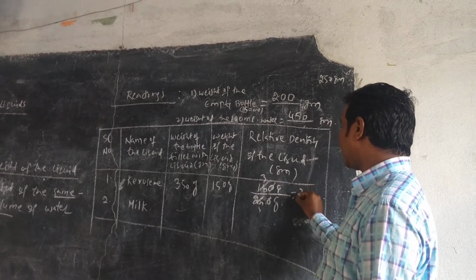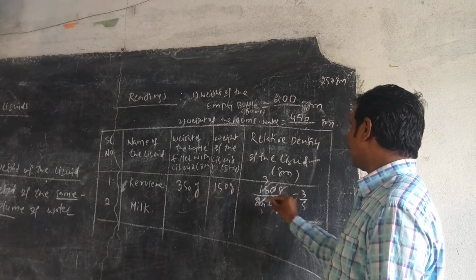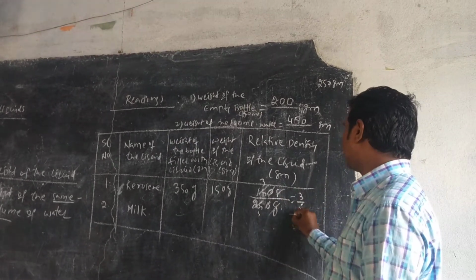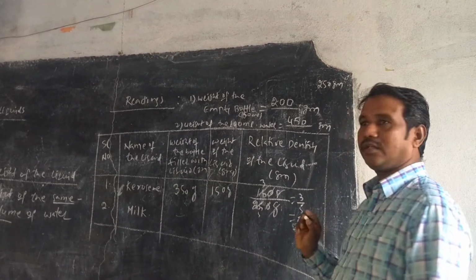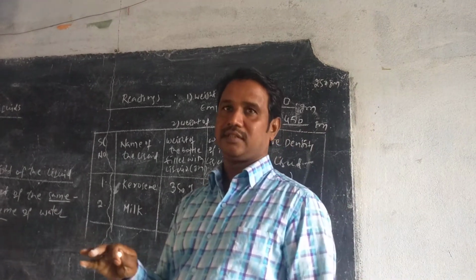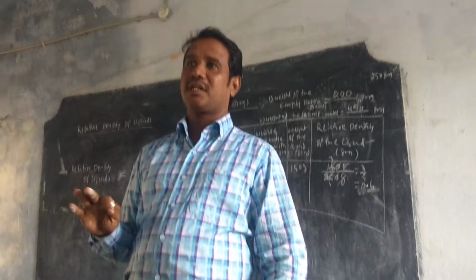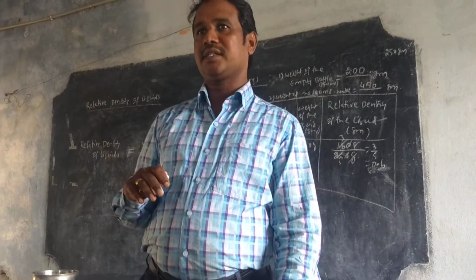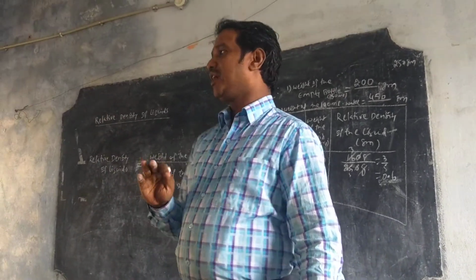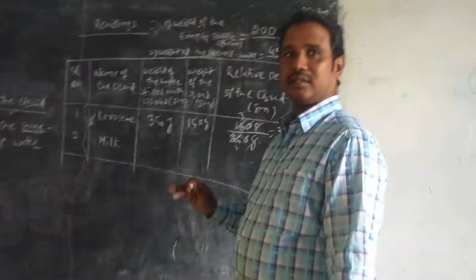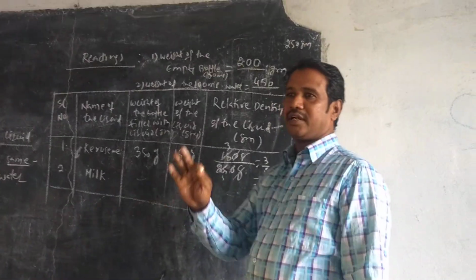So you get 3 by 5, which equals 0.6. You should not write any unit, because it is a ratio of the same physical quantities, mass by mass or weight by weight.